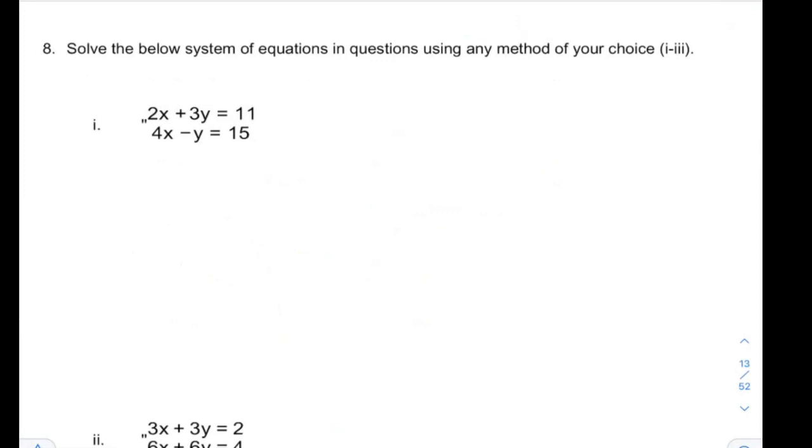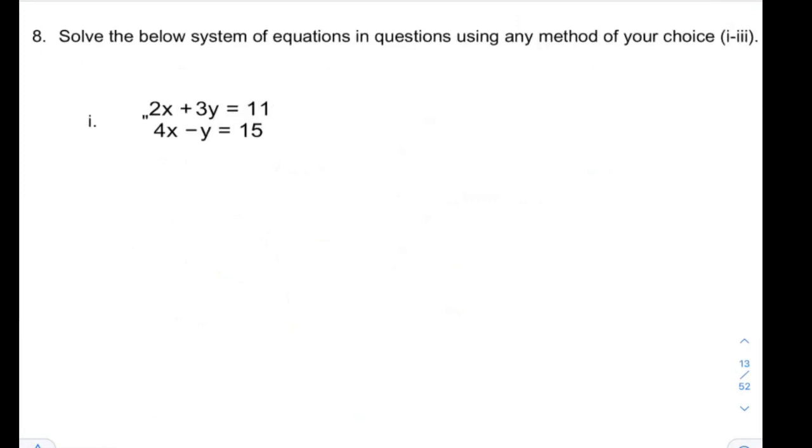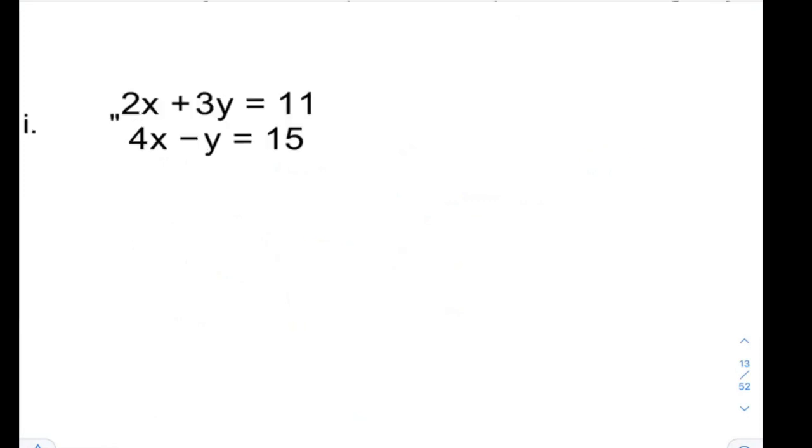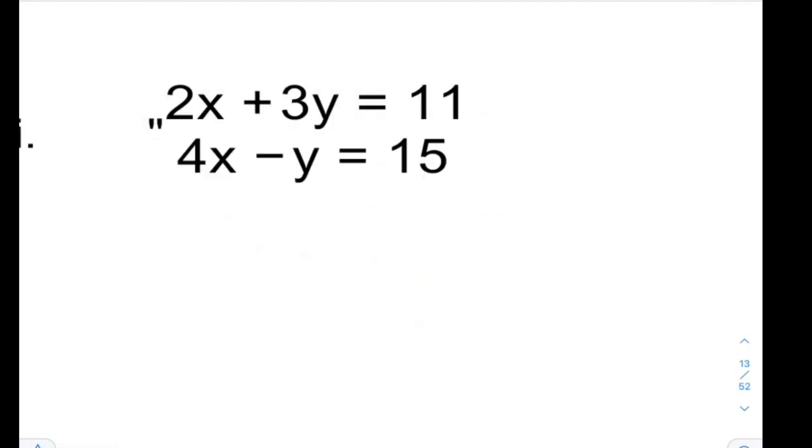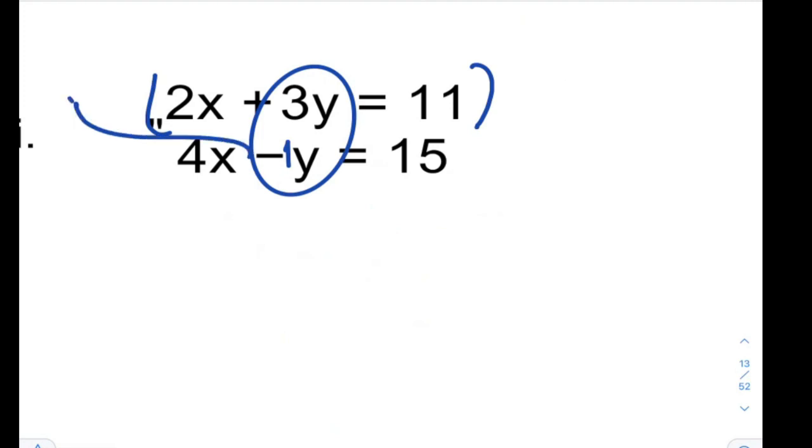Solve using any method of your choice. You will decide. For this question, you can simply multiply this by 2, or you can multiply the second equation by 3. If you need my advice and you don't know what to do, you can just choose any variable you want to eliminate. Let's say we want to eliminate the y. The coefficient of y here is -1. So you can just take this equation and multiply it by 1, which means you will leave it the same.